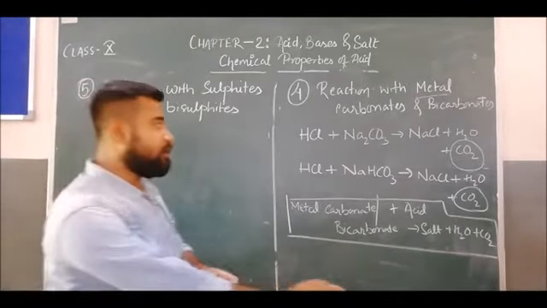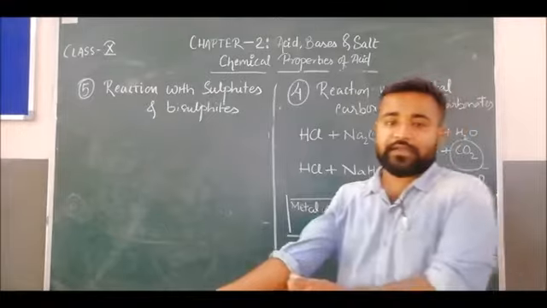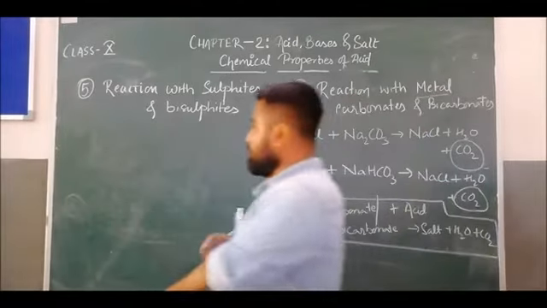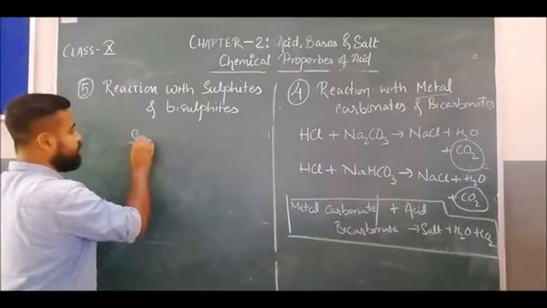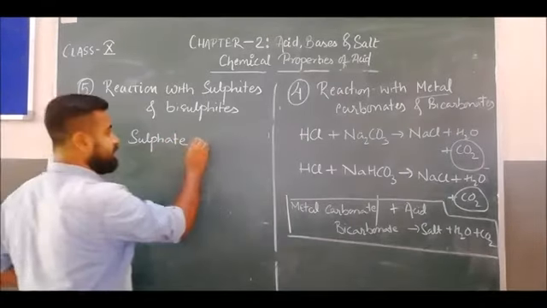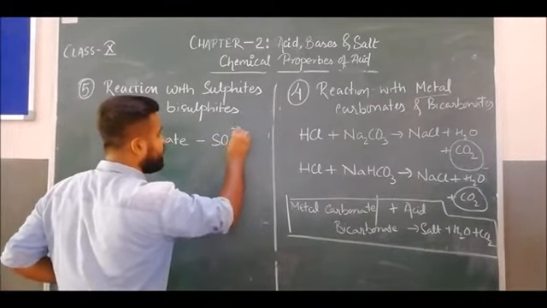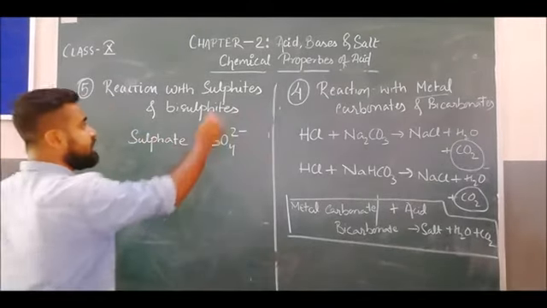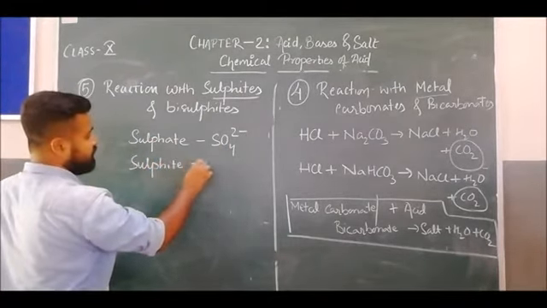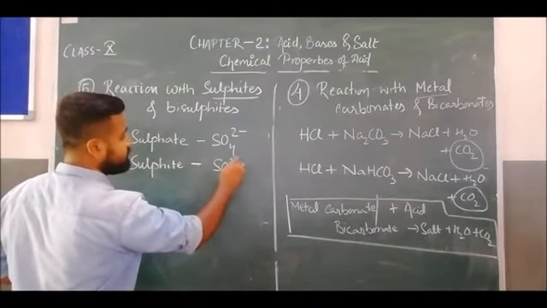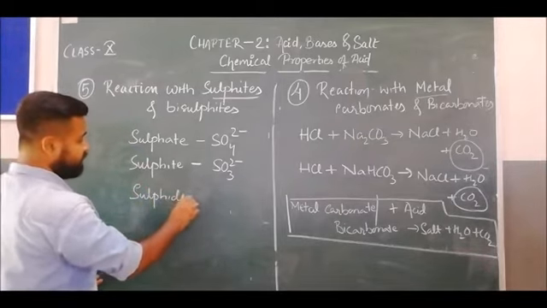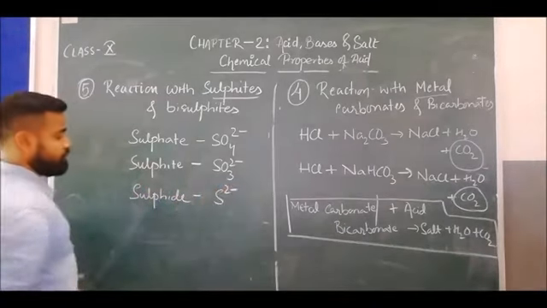Generally students have confusion among sulfite, sulfate and sulfide. There are three things. First is the sulfate, written as SO4 2 minus. When we write sulfite, it is SO3 2 minus, and when there is sulfide, it is S2 minus.